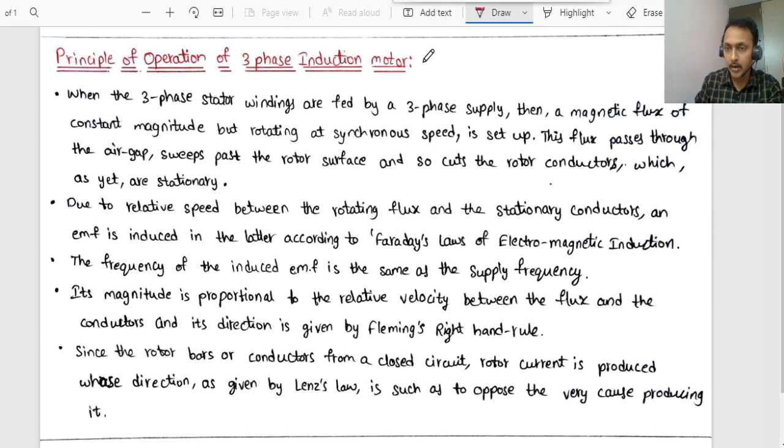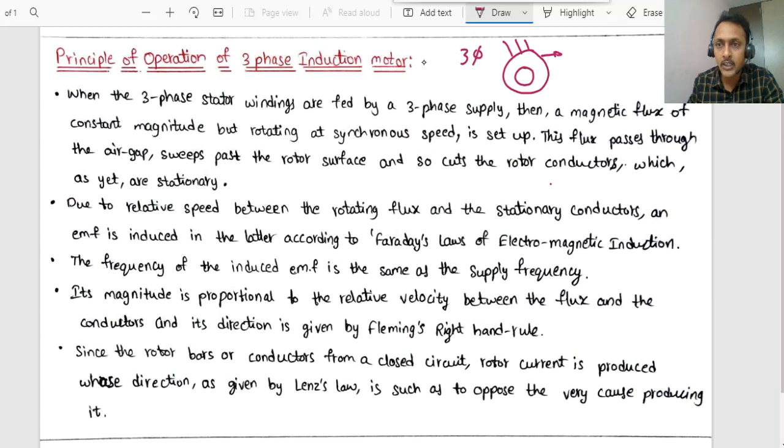For the stator, this outermost part is the stator, and if this is the rotor, to the stator we give the three-phase supply. Because of the given three-phase supply, the flux will be established.